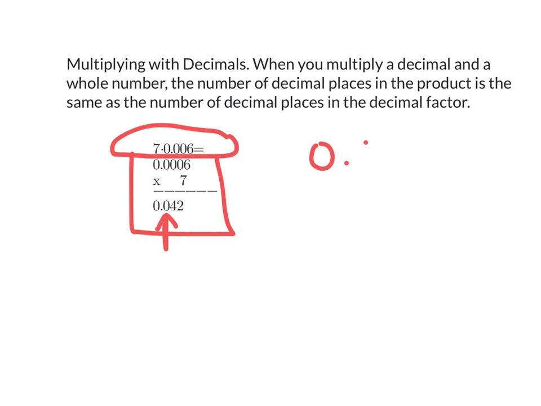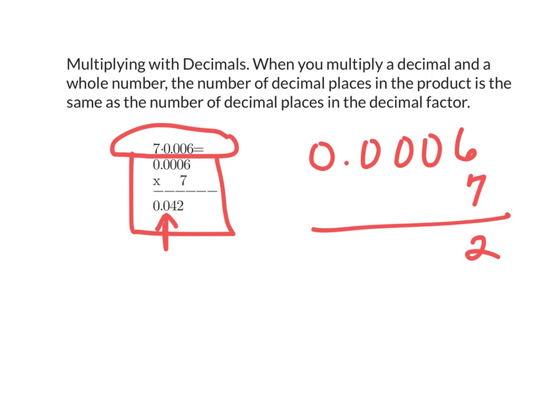So let's look at it over here. Times 7. We have 42, carry the 4. 7 times 0 is 0, so we bring down the 4. 7 times 0 is 0. 7 times 0 is 0. Oh, I have too many zeros.